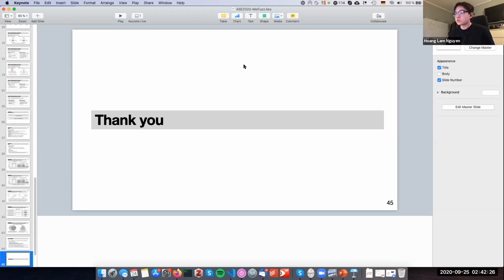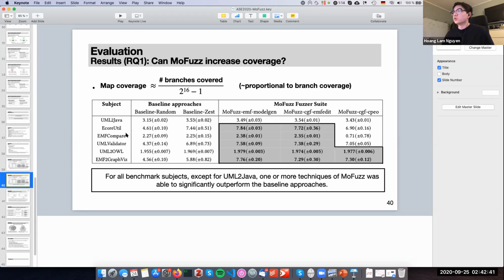Yes. So when we're talking about diversity, we're talking about different meta classes that are instantiated in the model. For example, if we consider the UML validator benchmark, where each meta class is validated individually, it is of course more beneficial if we have diverse models which contain at least one instance of each meta class defined in the meta model.